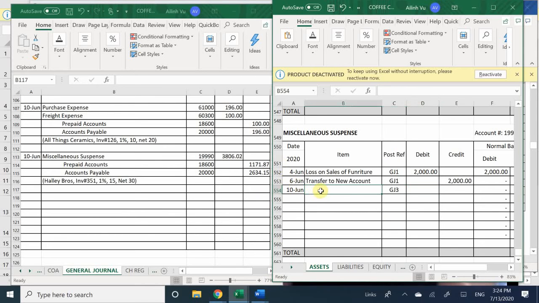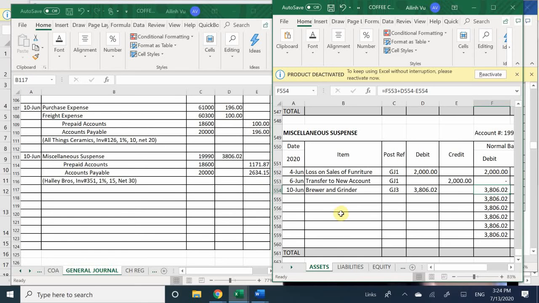So I'm going to write here, brewer and grinder, and indicate that this is going to cost me $3,806.02. So that should change the miscellaneous to become $3,806.02. Make sure that is exactly what you want.